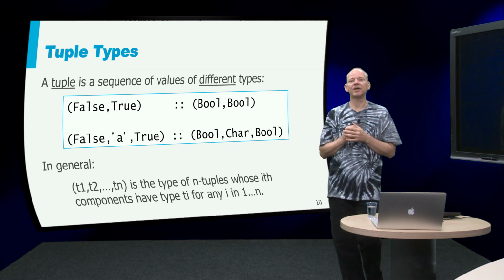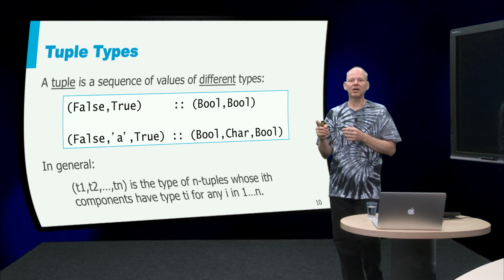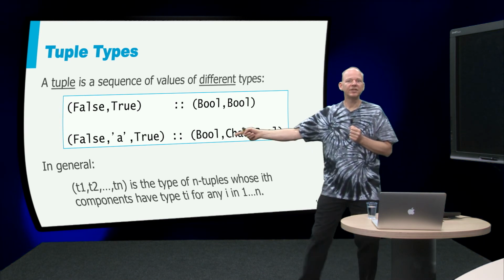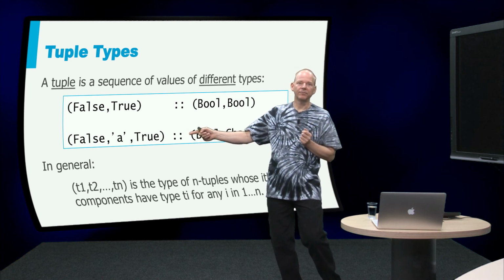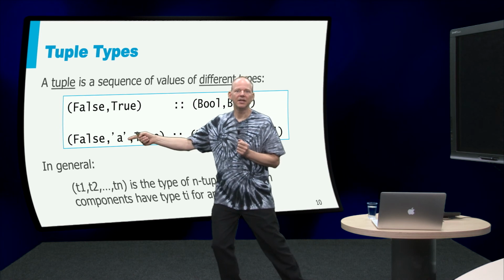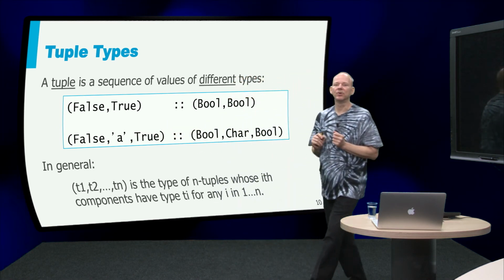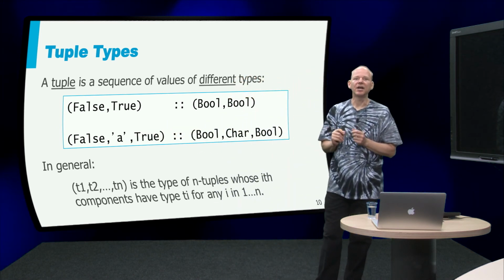Now the second example there has type Bool, Char, Bool. And what you see here is that it contains three values. One is a boolean, the second one is a character, and the third one is a boolean again, and that's reflected in the type.